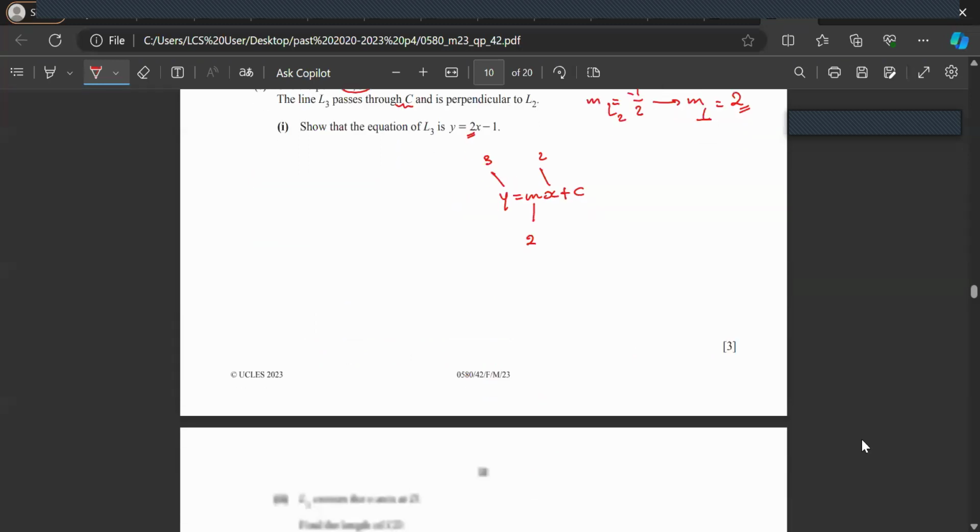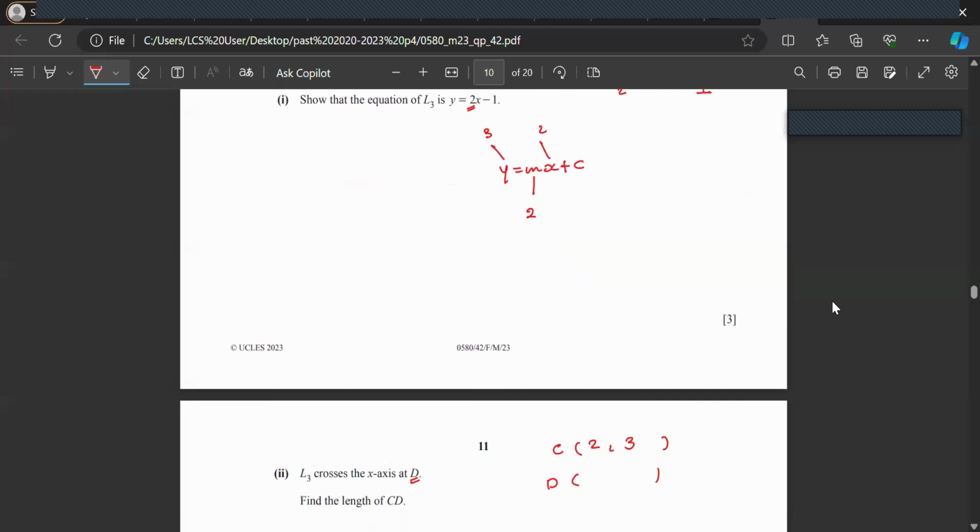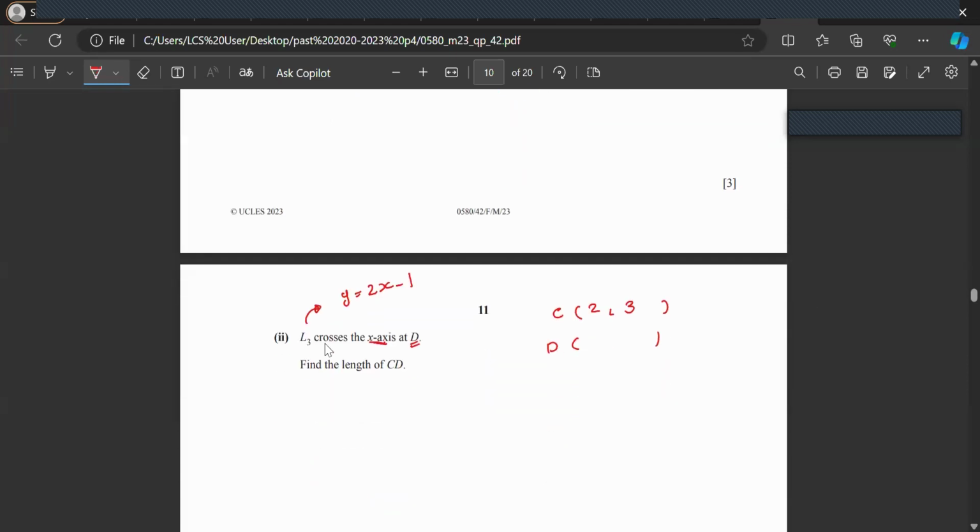Look here, he said it is L3 crossing the x-axis at D. That means if I put the equation of L3, which is y equals 2x minus 1, and crosses the x-axis, it means put y equal 0. Crosses the x-axis means put y equal 0. So I will put y equal 0 here.